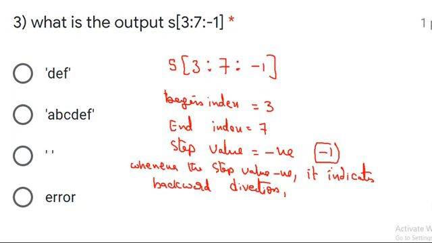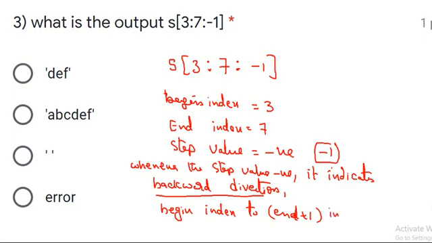Whenever it is a backward direction, how do we take the indexes? In the backward direction, indexing starts from begin index to end plus 1. Please observe carefully. When it is a forward direction, the indexing starts from begin index to end minus 1.